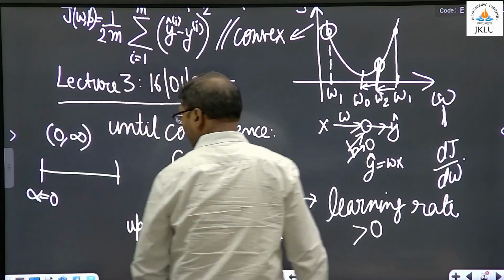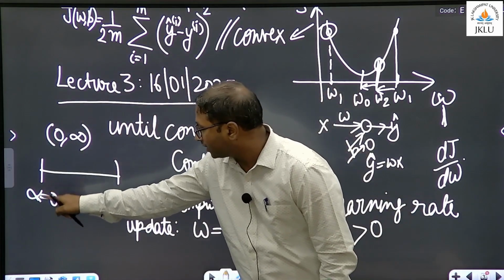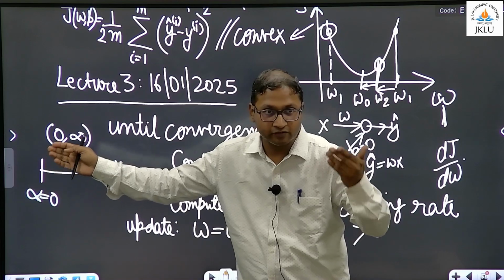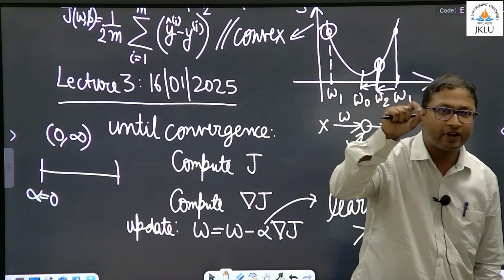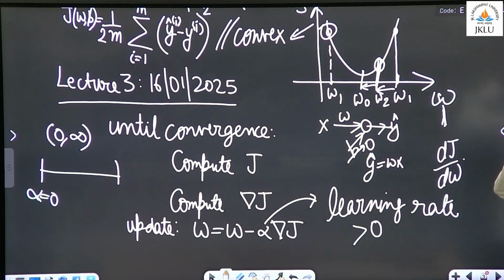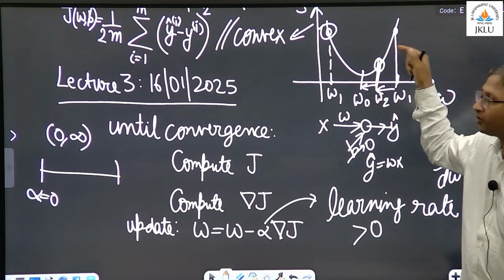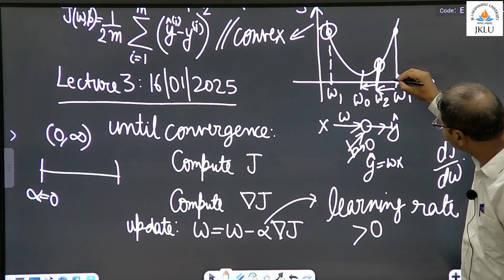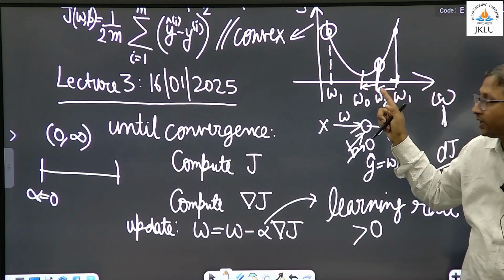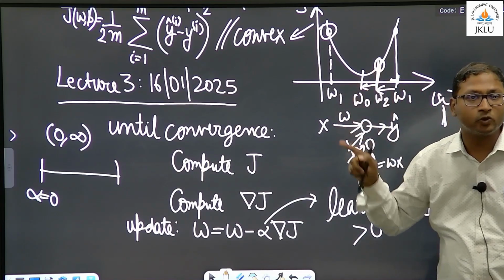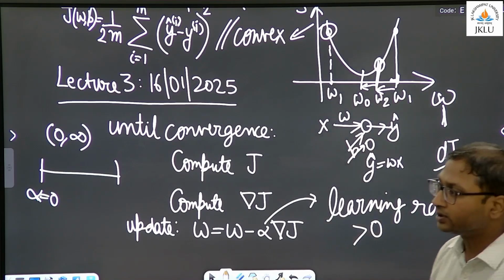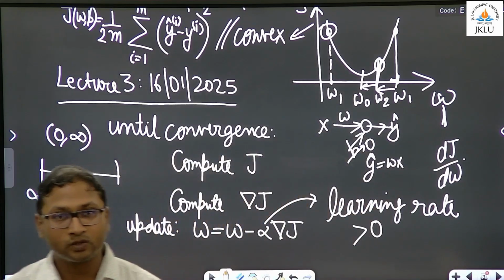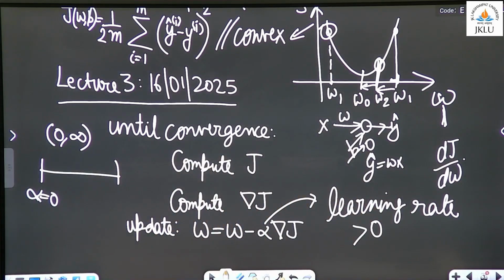So we start from 0 plus epsilon. If the value of alpha is very small, your change will be very small. It will take you a very long time to reach W naught, and how do you call that in machine learning terminology? Learning is slow.